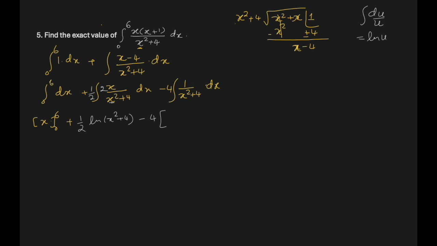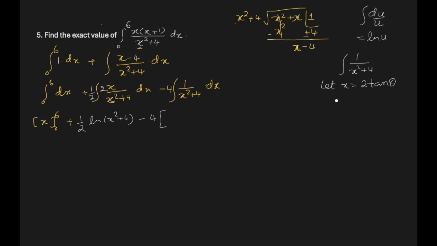For that we have to do some legwork, and that I'm going to do here separately. So my integration I want to do is 1 over x square plus 4. Let's assume x is equal to 2 tan theta. Why 2? You will understand very soon.